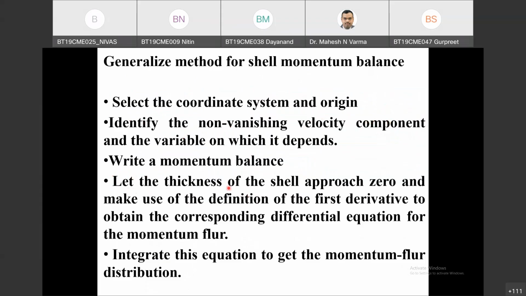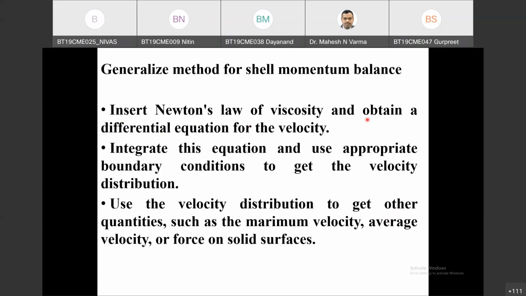Let the thickness of the shell approach 0, and use the definition of differentiation. So you will get a first derivative, to obtain the corresponding differential equation for momentum flux. Integrate this equation and get the momentum flux equation. Then insert Newton's law of viscosity to obtain the differential equation for velocity.